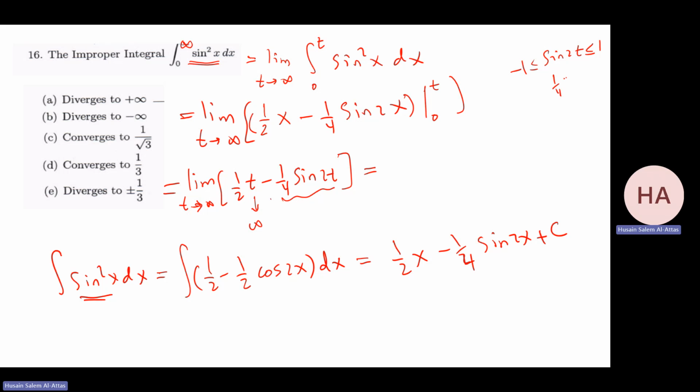So 1/4 sine 2t is between -1/4 and 1/4. It will not converge to a specific value, but it cannot exceed that. So that will be infinity for sure. Infinity minus a number is infinity. So this diverges to infinity.